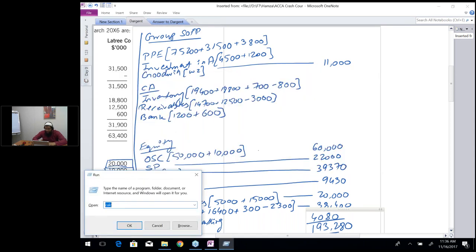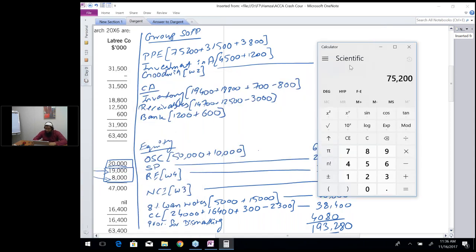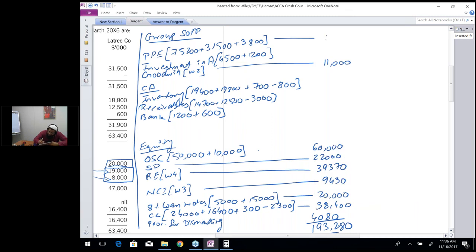So now property, plant, equipment is going to be 75,200 plus 31,500 plus 3,800, which is 110,500. And then investment in associate is going to be 5,700.